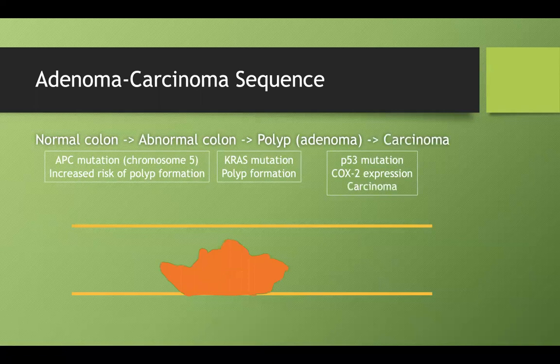A good mnemonic for this is instead of the common firearm, the AK-47, you can think of the AK-53, which will tell you the mutations that happen in the order of APC, KRAS, and then your guardian of the genome, p53.